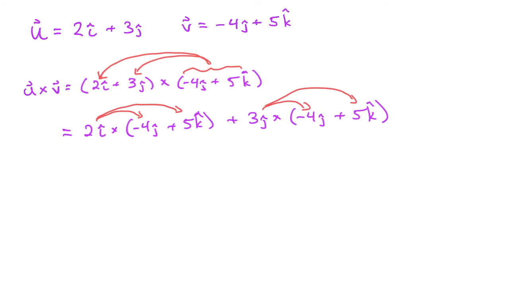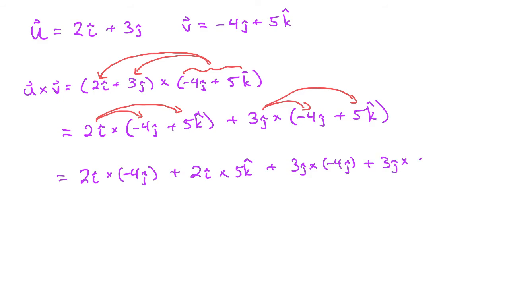So what this will give us are values of 2i cross i, minus 4j, plus a 2i cross 5k, and then plus 3j cross i, minus 4j, plus a 3j cross 5k. Well, now with our scalars, we can just pull our scalars to the outside.